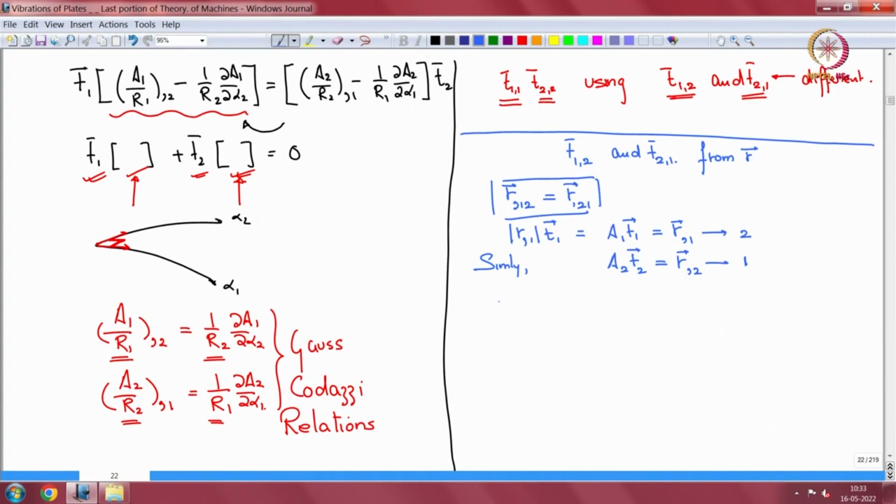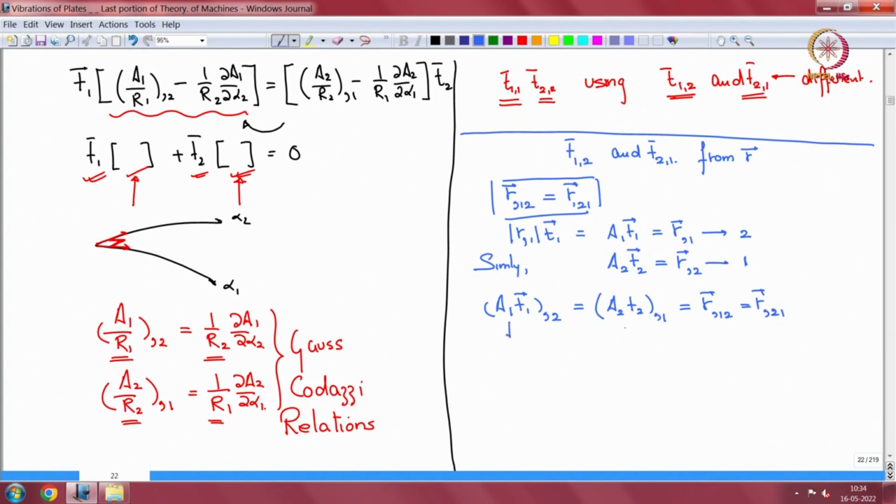So, what we get is A1 T1 comma 2 is equal to A2 T2 comma 1, which is equal to R comma 1 2 is equal to R comma 2 1.